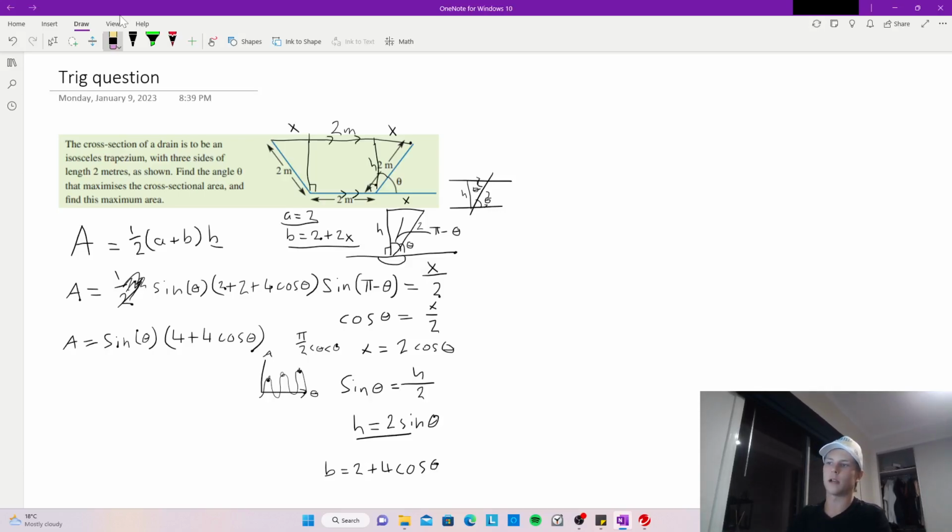So like a quadratic, because that's probably what most are used to, you're going to differentiate to find where the gradient is 0, and that'll give us the value of theta at that point where the gradient is 0. That will also lead to the maximum area of this equilateral trapezium.